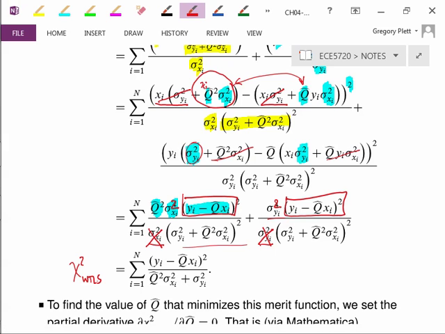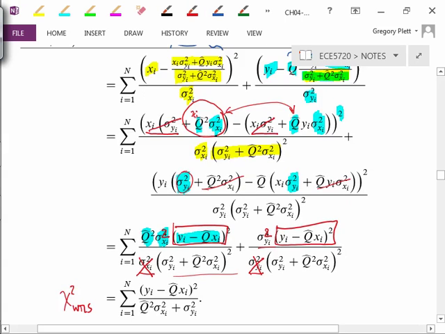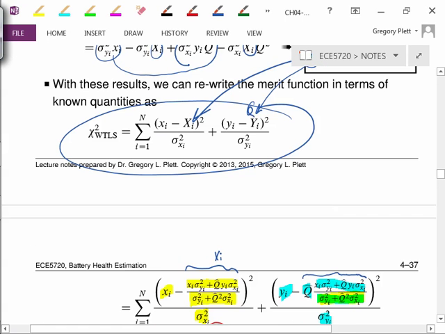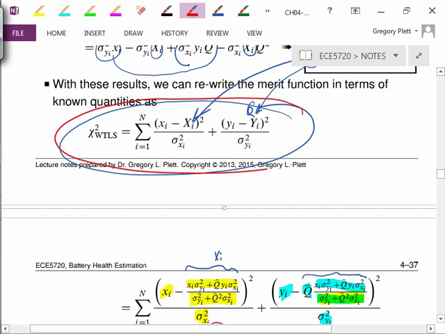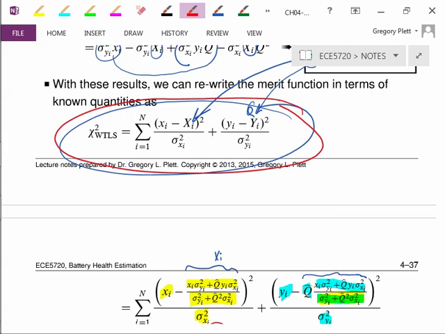That was not at all obvious. We started out with this function here, which was intuitive, I think. We're minimizing x distances squared and y distances squared. That's our goal. But we had no way in this equation of doing the minimization because we didn't know what capital X and capital Y happened to be.